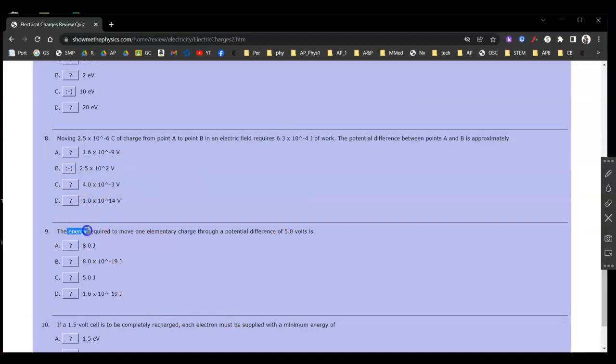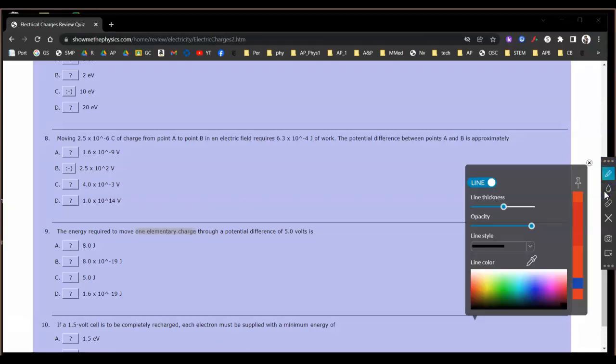Now, what is the energy required? W. Now, 1 elementary charge is... wait a second. Look at the answers. They're in J. Do you remember J goes with C? So that's no good. We got answers in J, but I don't have a coulomb. But I need a coulomb, so I'll use 1.6 times 10 to the negative 19th coulombs. Now I'm good.